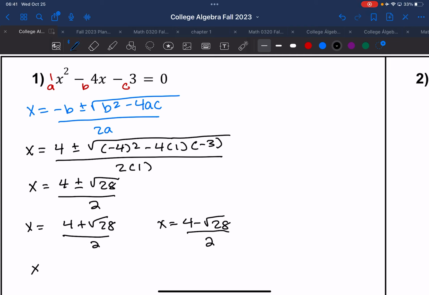Yes? So what is the process once you put the numbers in the calculator? Like, what would you do first? Negative 4 squared and then 4 times 1, that answer times negative 3? So in the calculator all at once, I would type in parentheses, negative 4, parentheses, squared. So that first part. Don't click enter or solve yet.